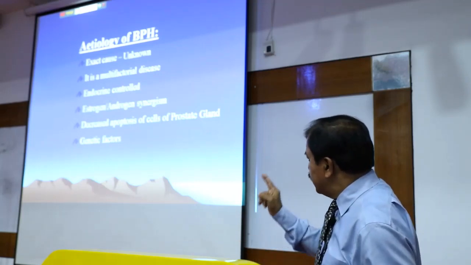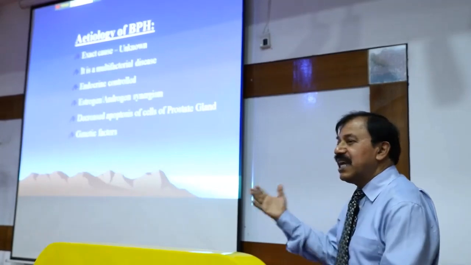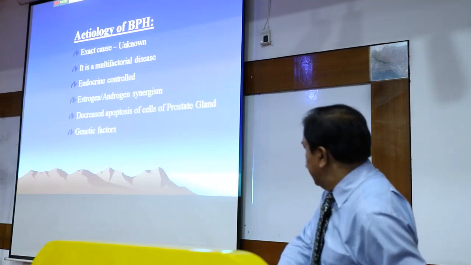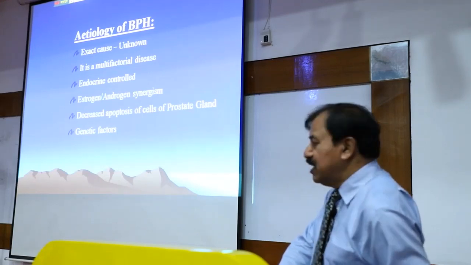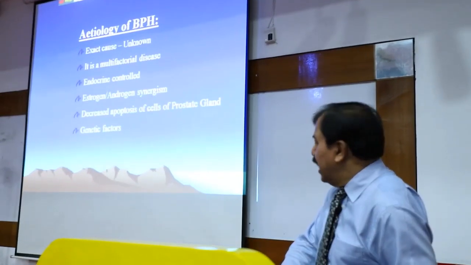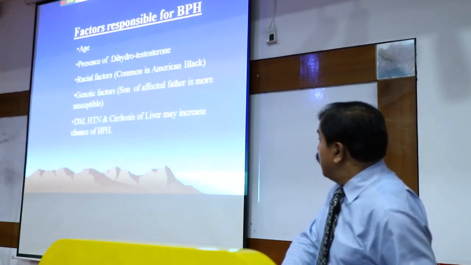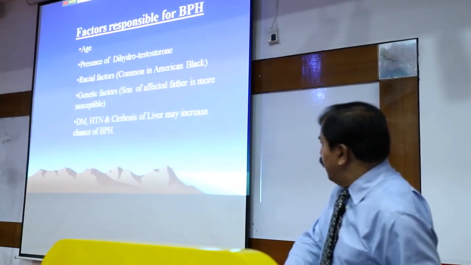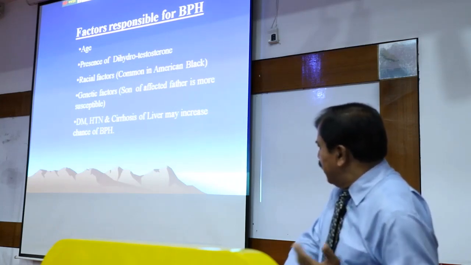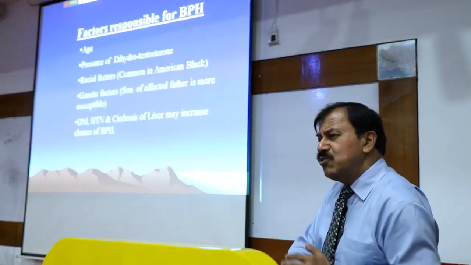That is confirmed. So it is endocrine control, and estrogen and androgen have a synergistic action, creating a synergistic effect for enlargement of the prostate, and decreased apoptosis of the cells of the prostate gland. That is another hypothesis, and some genetic factor is also related. Factors responsible for BPH: one is age, the presence of dihydrotestosterone, racial factor, genetic factors, and diabetes mellitus and hypertension are also related with this disease.